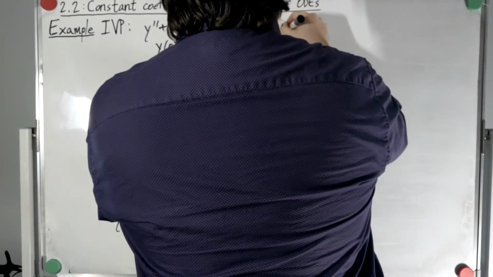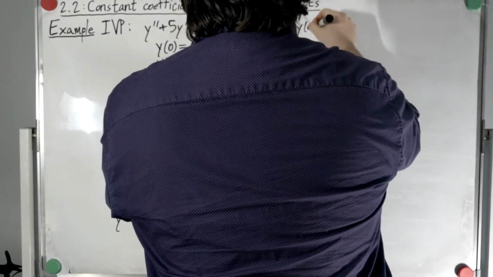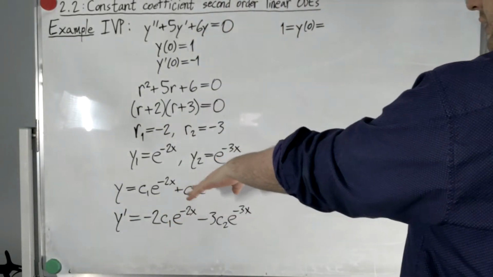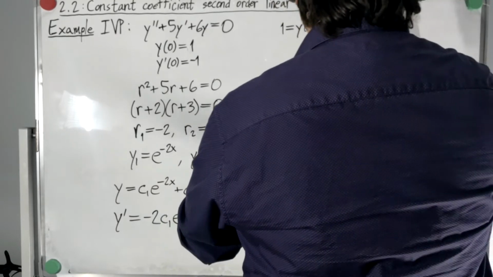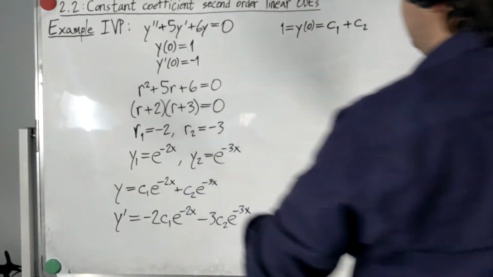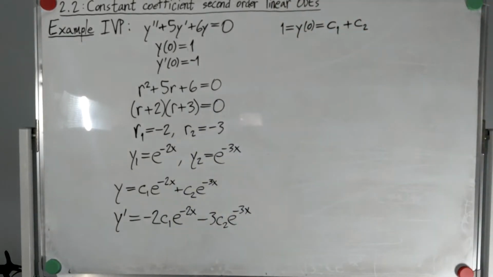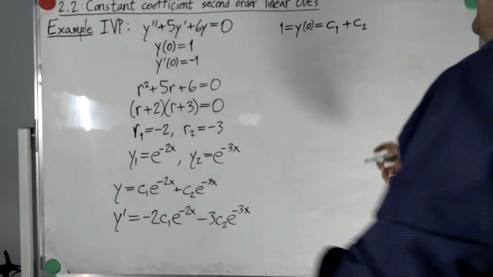We know that 1 has to be y of 0. Y of 0, according to this, is just going to be C1 e to the 0 plus C2 e to the 0. And then y prime of 0 needs to be -1.